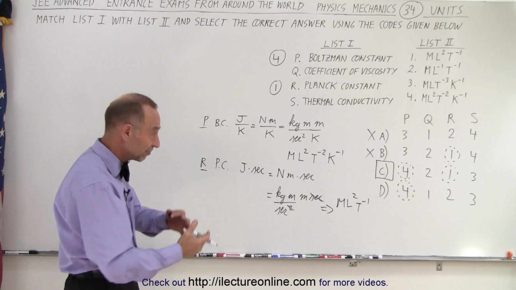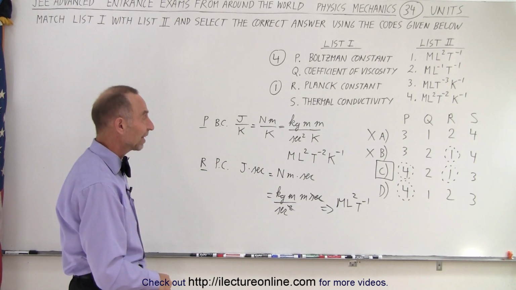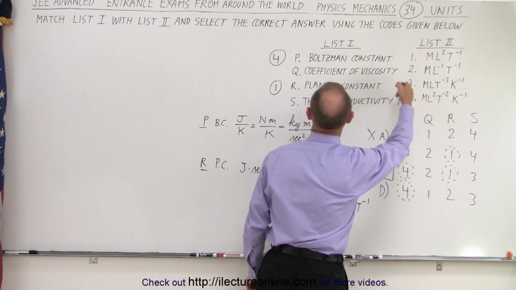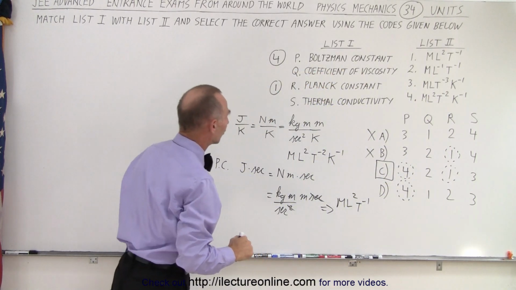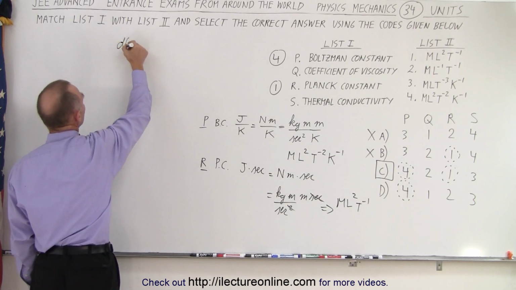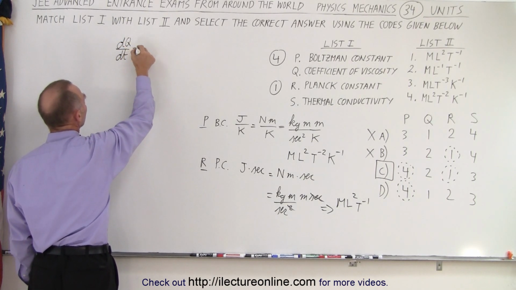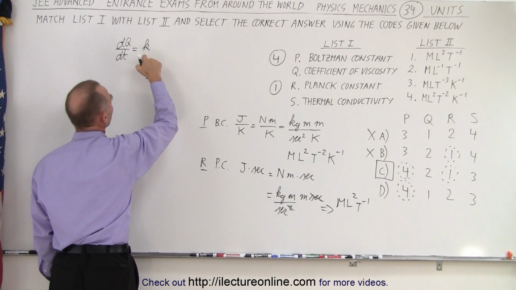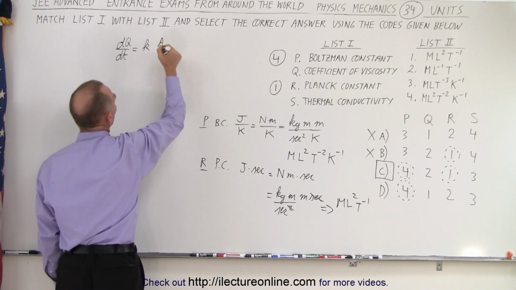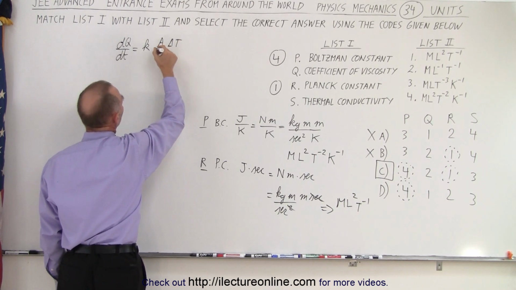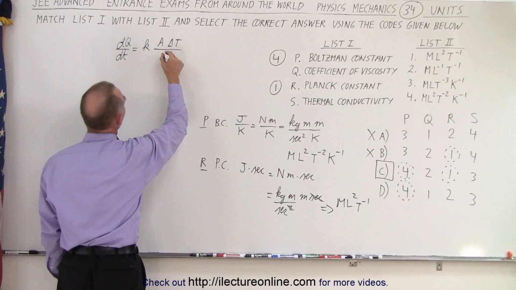Now, just for the sake of working with the rest, let's find the other two answers, 2 and 3, matching with Q and S. So let's take thermal conductivity. Now we know that dQ/dt, the amount of heat per unit time that goes through a material, is equal to some constant belonging to the material, times the area, times the difference in the temperature, divided by the length of the path.